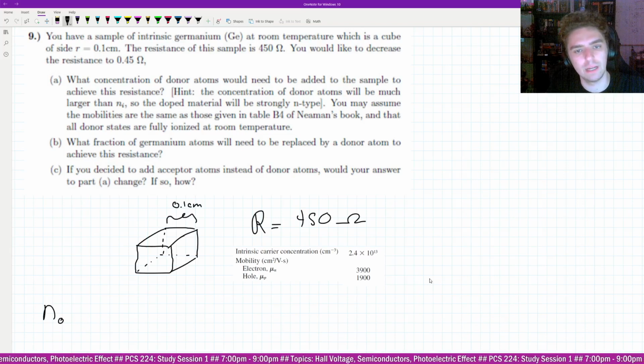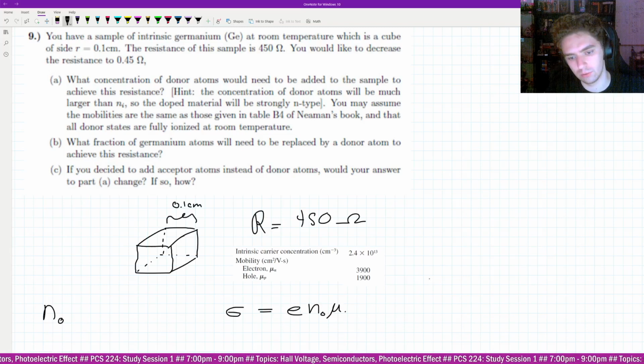be strongly N-type. So if the doped material is strongly N-type, I'm pretty sure, and someone correct me if I'm doing this wrong, that means that when we calculate the conductivity of a substance, we can just treat it as e N0 mu N. Is that right?